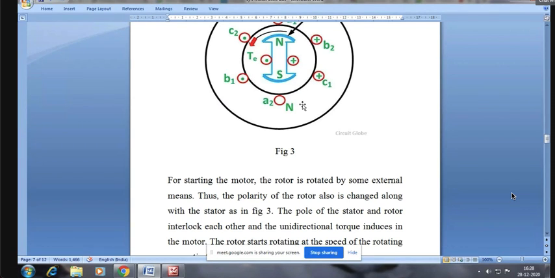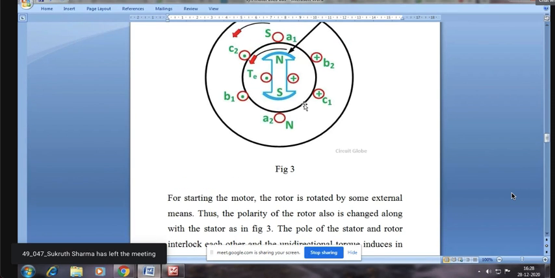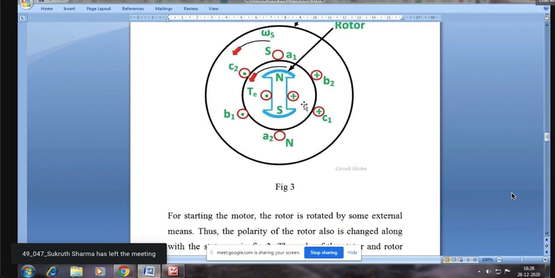So what's a starter for synchronous motor? The starter is used to reduce pulsating torque and to produce a continuous torque, sir. Correct. So that means we have to physically rotate the rotor.